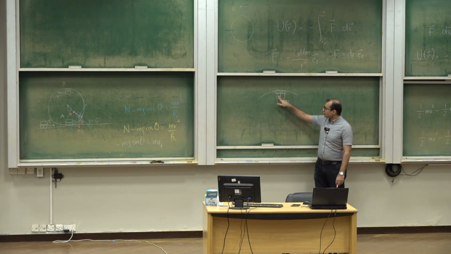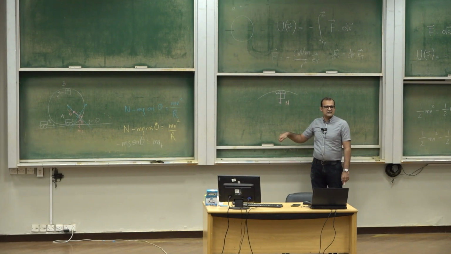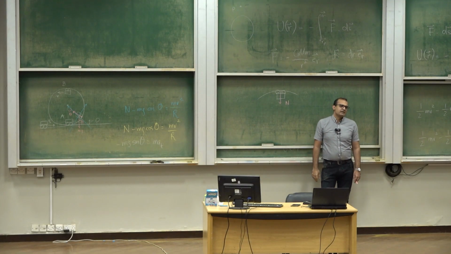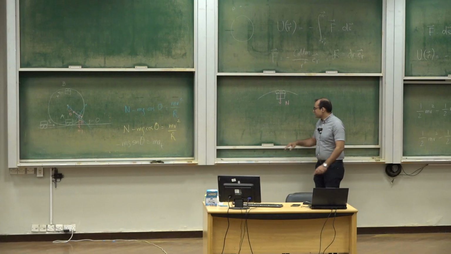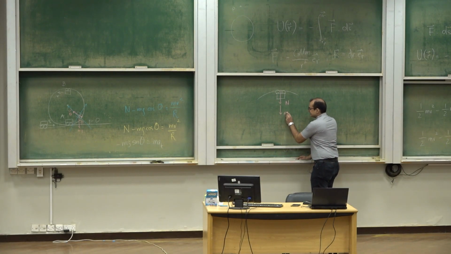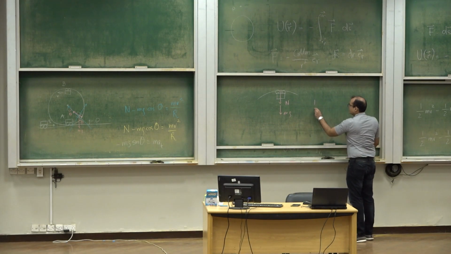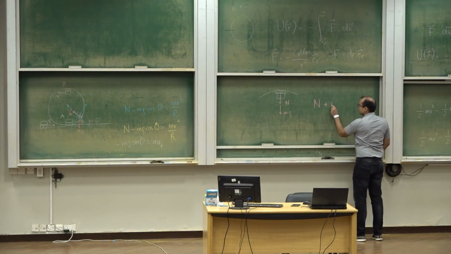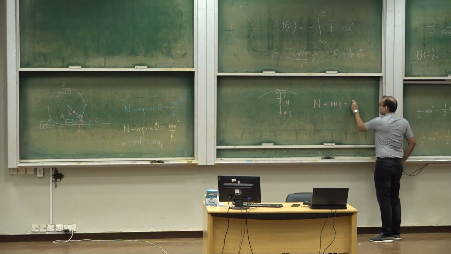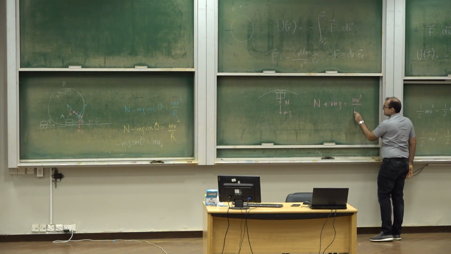If the toy car applies a force downward on this surface, then your force is upward by Newton's third law. But if the toy car were applying a force on the surface upward, then it would be pulling the surface. No surface can do that. Okay, so therefore this force must be like that, and then of course the weight is acting downwards, and therefore I can write down that N plus mg equals mv squared over r, where v is the speed at the top.